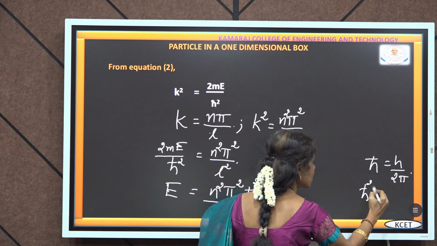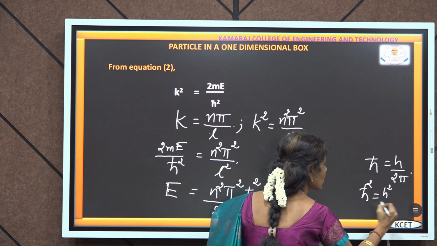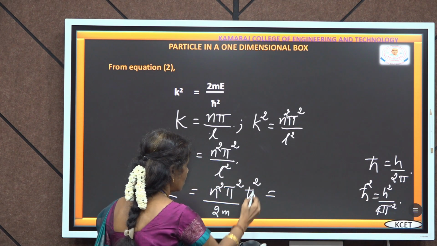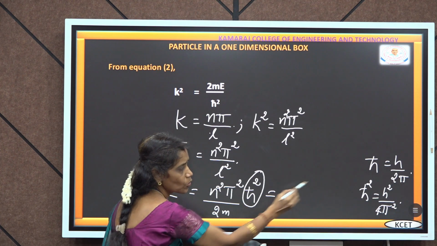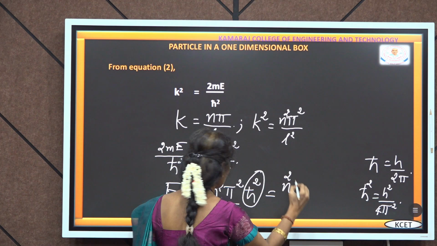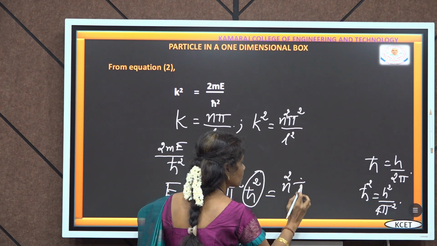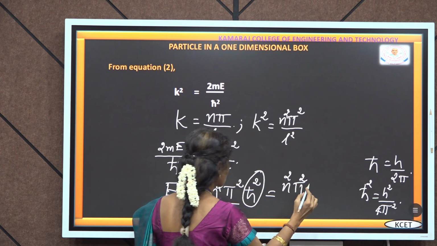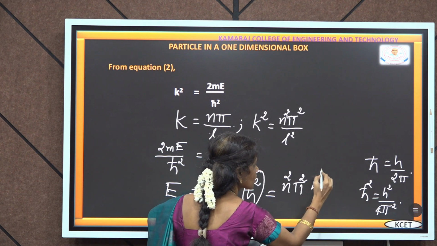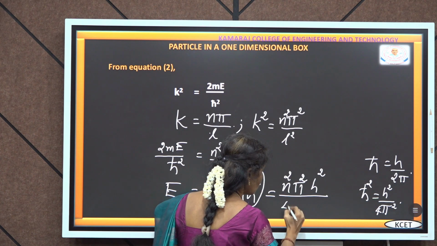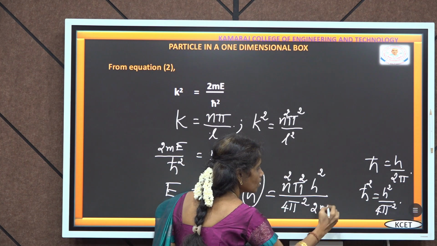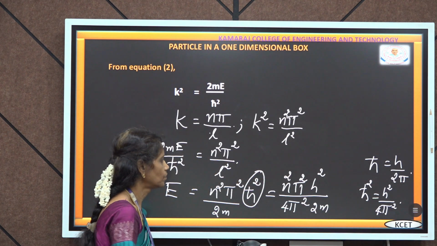Then h cross square is equal to h square by 4 pi square. Here substitute the value of h cross square, then n square pi square, instead of h cross square, I am writing h square by 4 pi square into 2 into m.